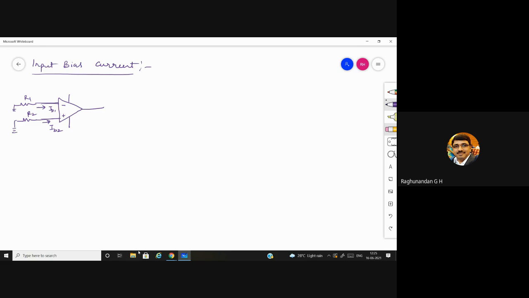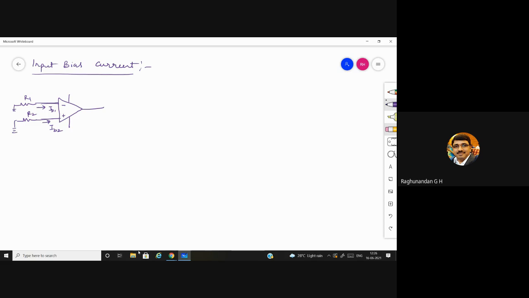For transistor 1, IB1 will be different, and for transistor 2, IB2 will be different. If you want to find out the input bias current, then we cannot tell IB is this much, because in order to tell the bias current, we need to consider both the currents.